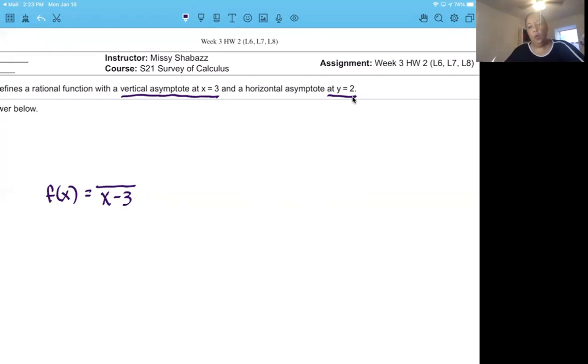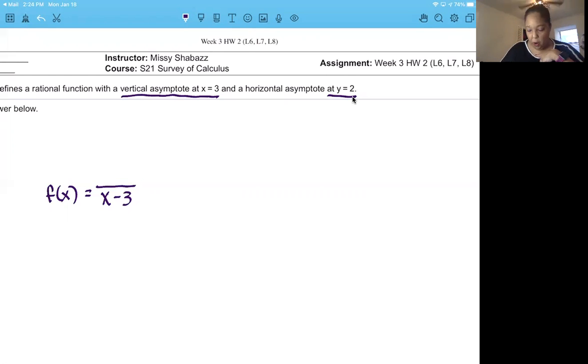So remember when we are talking about horizontal asymptotes, if the degree of the numerator is less than the denominator, then I have a horizontal asymptote of y equals 0. If the degree of the numerator is greater than the denominator, then I do not have a horizontal asymptote. If the degrees are the same, then it is leading coefficient over leading coefficient.